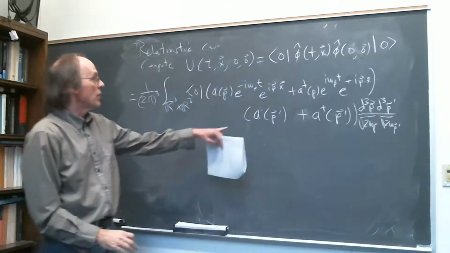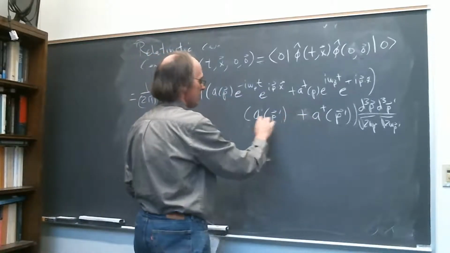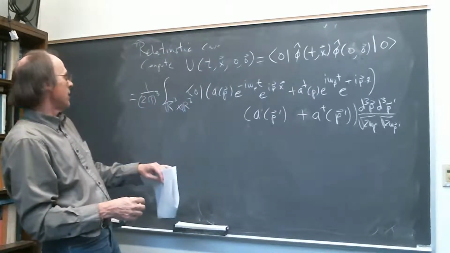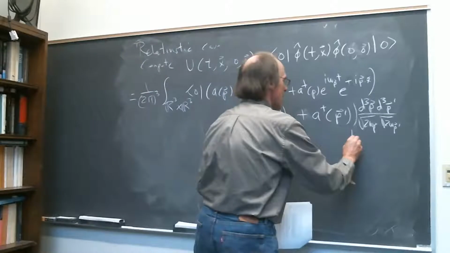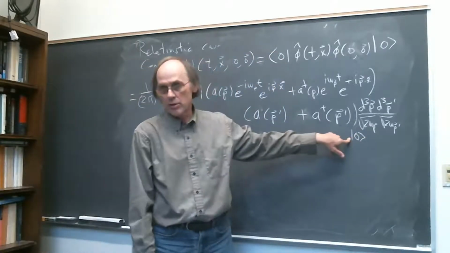Then what you're going to do is use the commutation relations for a and a dagger. The other thing that happens is this is acting on 0, and these acting on 0 give you 0.